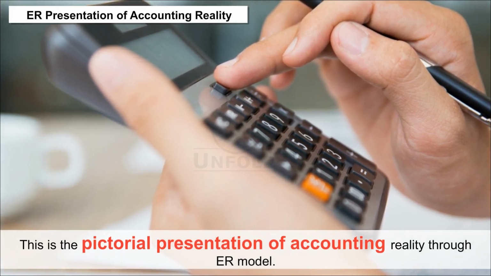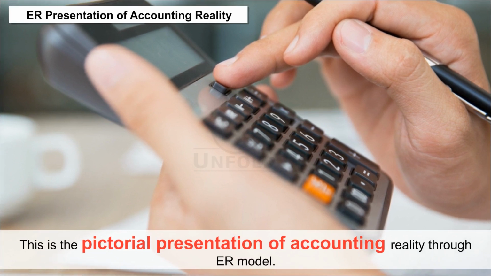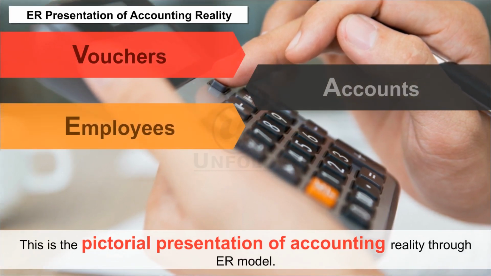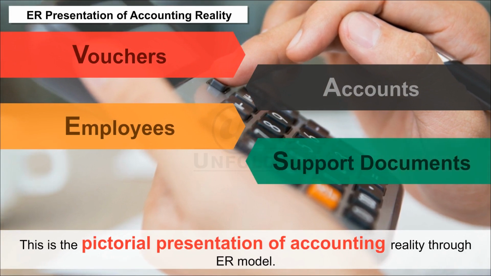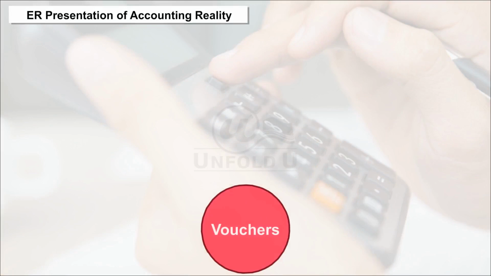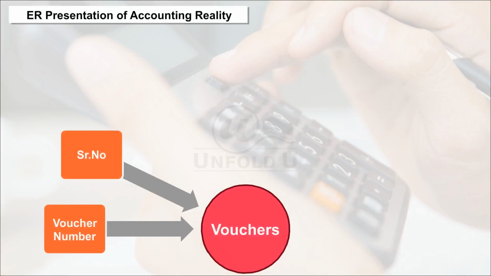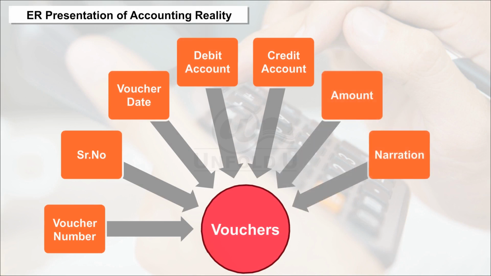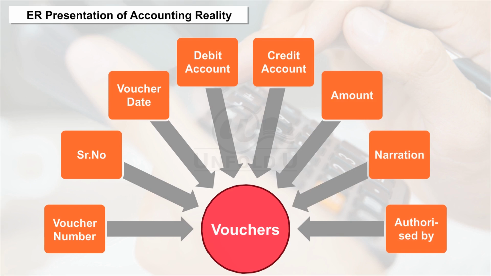We are taking 5 entities to explain the accounting reality: vouchers, accounts, employees, support documents, and accounts type. The vouchers, with attributes voucher number, serial number, voucher date of creating, debit, credit, account, amount, narration, authorized by, prepared by, are used for storing transaction data.